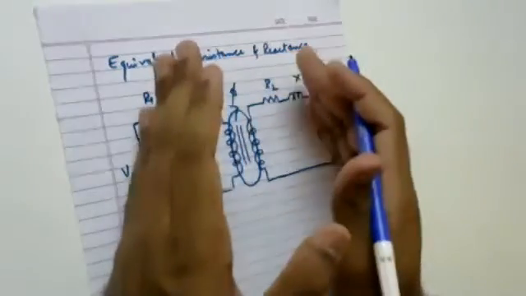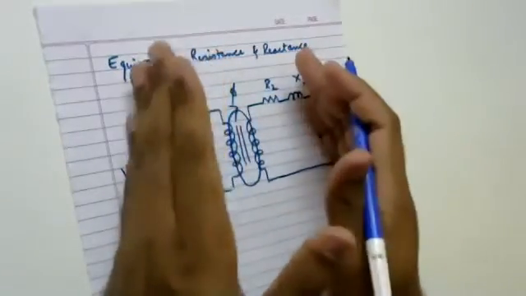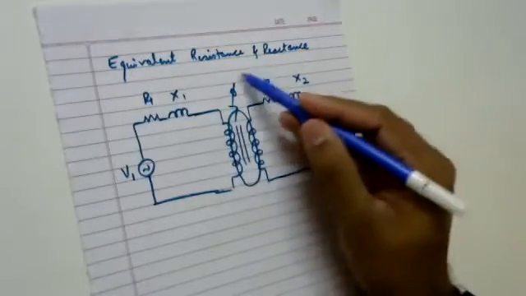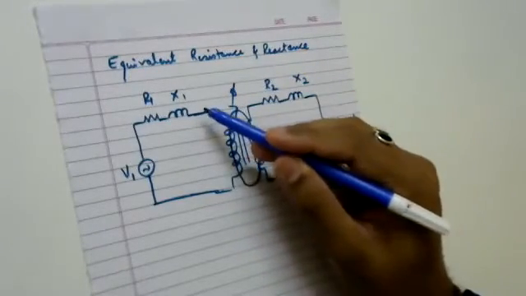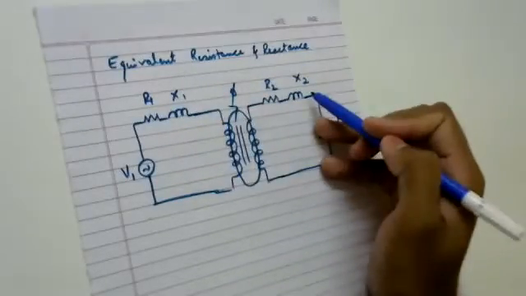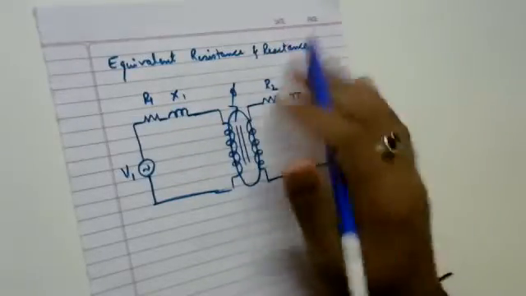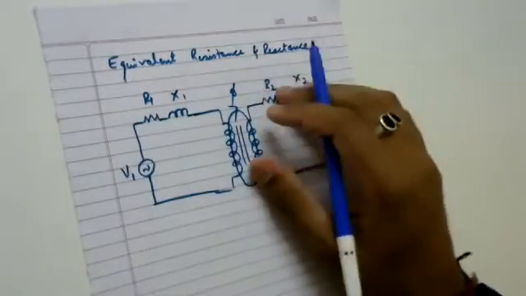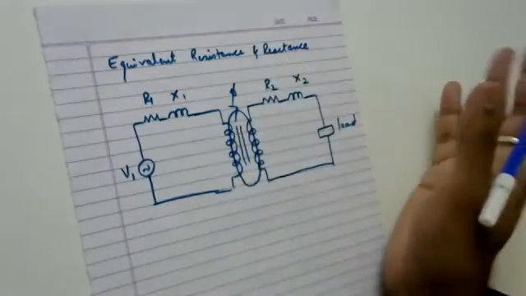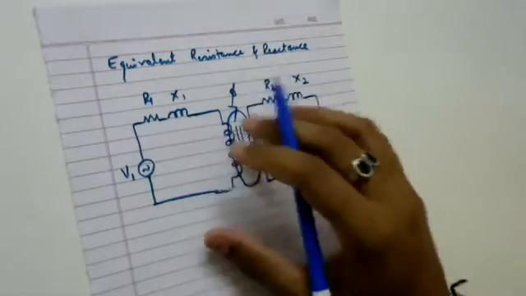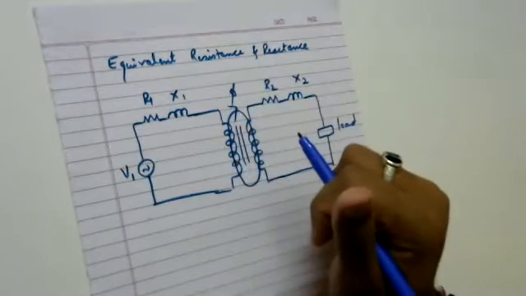So in order to perform any analysis, I should somehow make these components come onto the primary, or make the primary components come onto the secondary, so that they resemble only one particular circuit, either only primary or only secondary. I know it is something hypothetical, but without it I cannot make a proper analysis of this transformer.